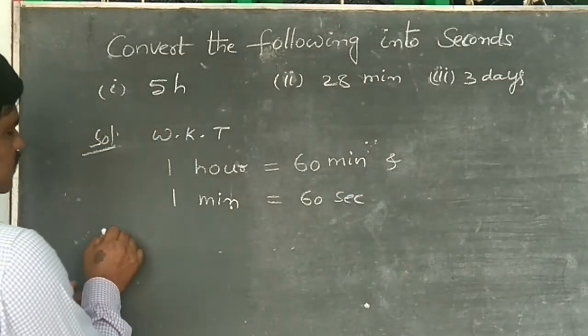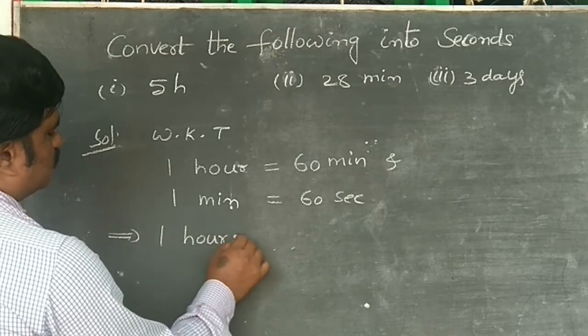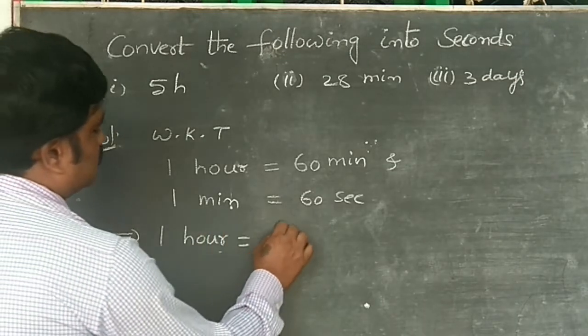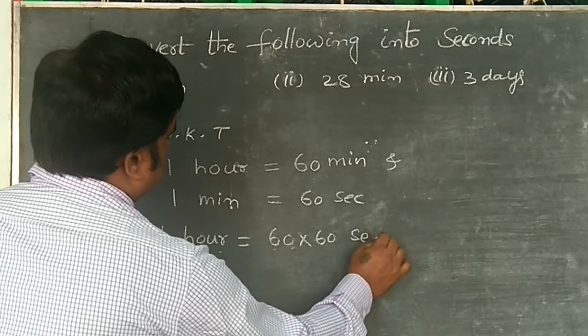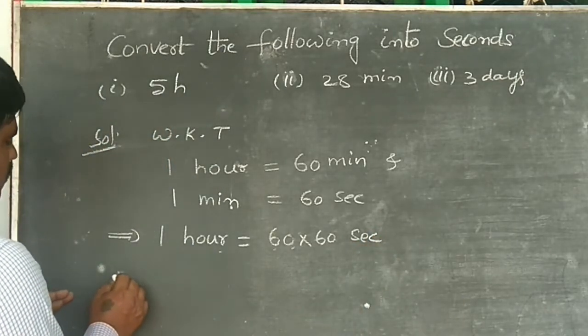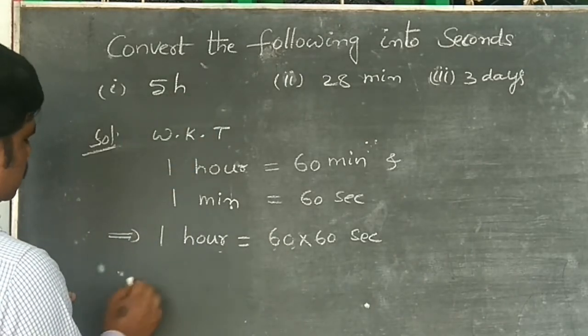So that implies 1 hour is equal to, we convert it into seconds, 60 into 60 seconds. So that implies, now we find 5 hours into seconds.